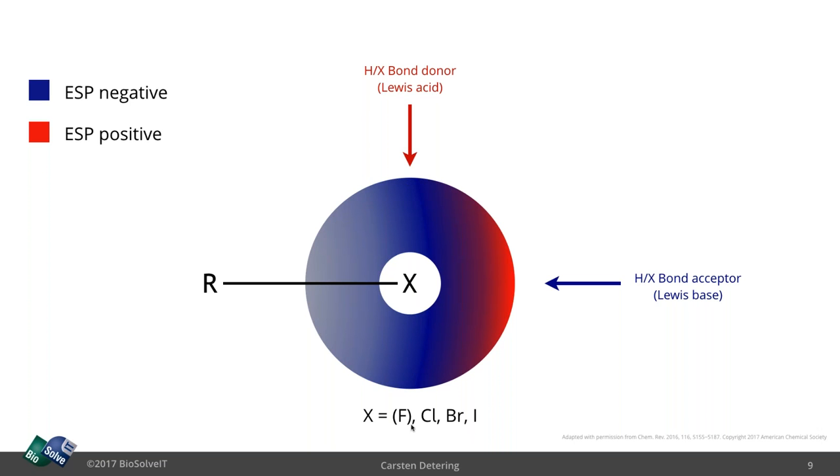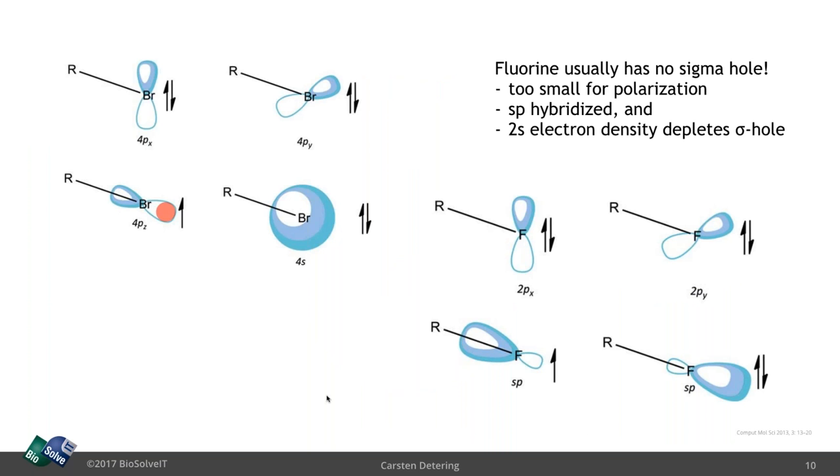Now, why did I put the fluorine in brackets? Fluorine typically does not form a sigma hole. We have here again the situation for bromine with the 2px and py orbitals, the pz orbital in the plane of this bond, the carbon halogen bond, and the 4s orbital.